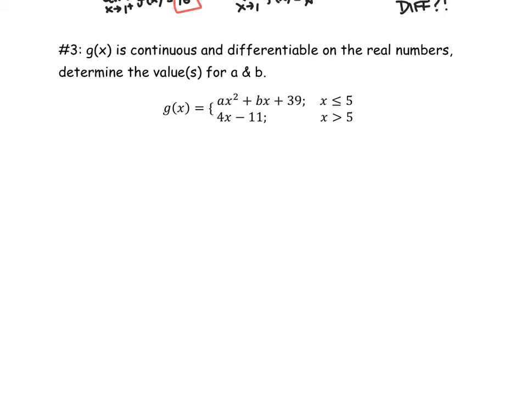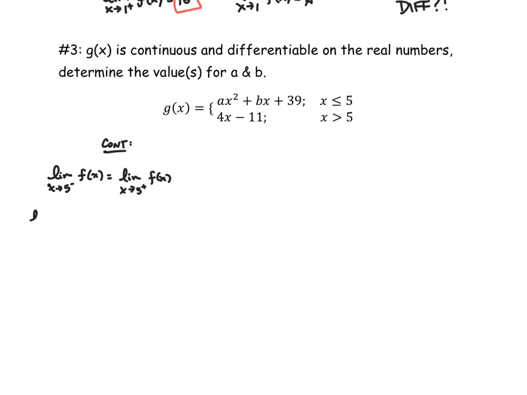All right, so if g of x is continuous, then I know, first of all, that g of 5 exists, but I know that the limit as x approaches 5 from the left of f of x, which in this case would equal, well, we'll do that in a second, and the limit as x approaches 5 from the right are going to be equal.